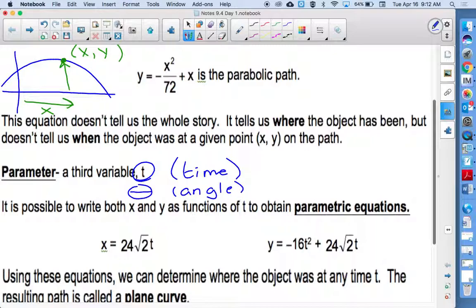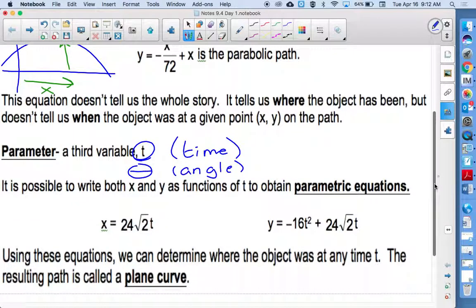So the typical angles that we would use, think of your angle of 0, the angle of pi over 2, the angle of pi, the angle of 3 pi over 2, those quadrant angles. But the variable could be time, or it could be an angle, like the location on the unit circle. So still x and y, because every unit circle has an x and y point, but with the angle correlated with that.